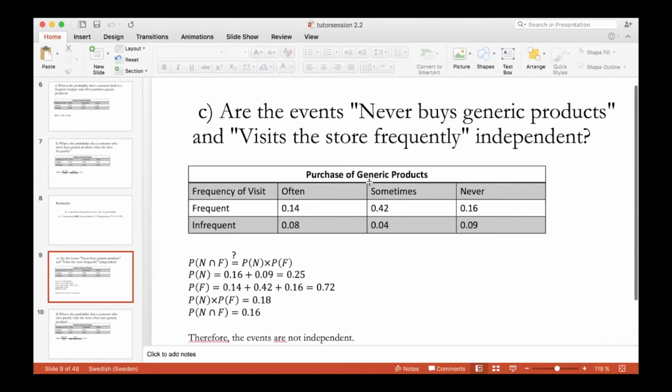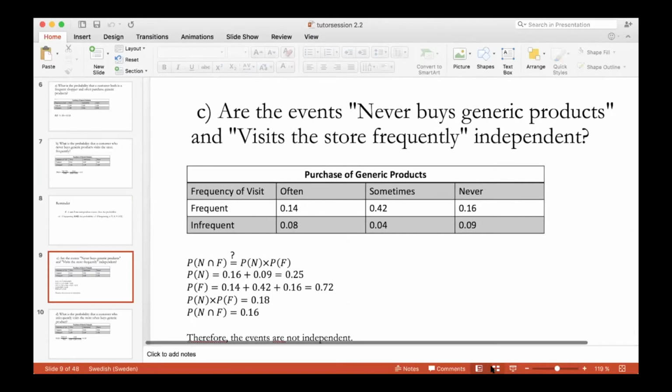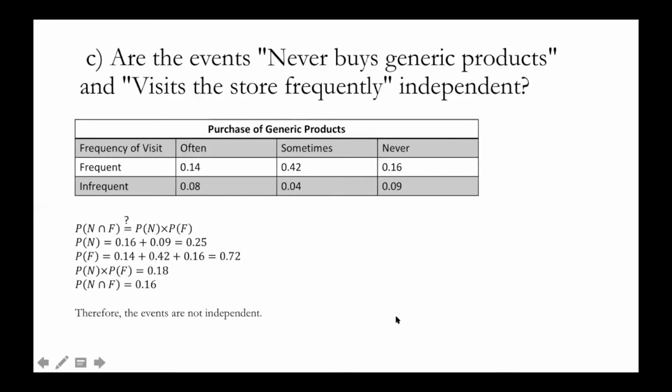So the next question will be: are the events never buying generic products and visits the store frequently independent? My solution to this will be to take the probability of never buying generic products times the probability of being a frequent customer, and it will be 0.18.